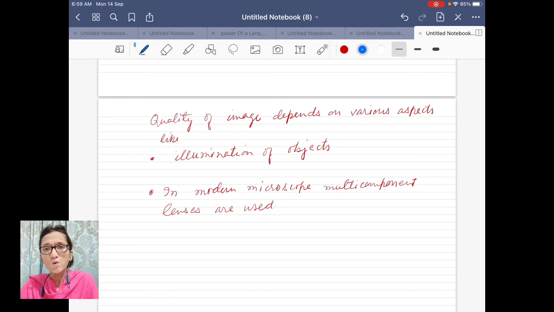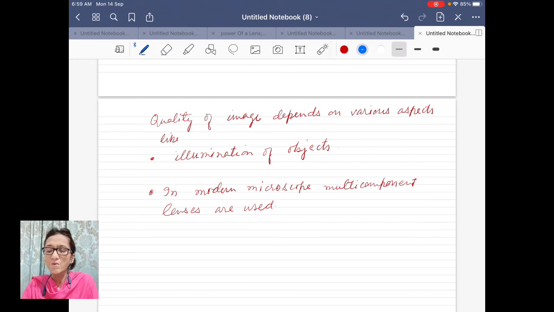But you can also improve the quality of image, which depends on various other aspects also. Like if the object is illuminated in a better way, then the quality of image will be good. Image will be more bright and clear.